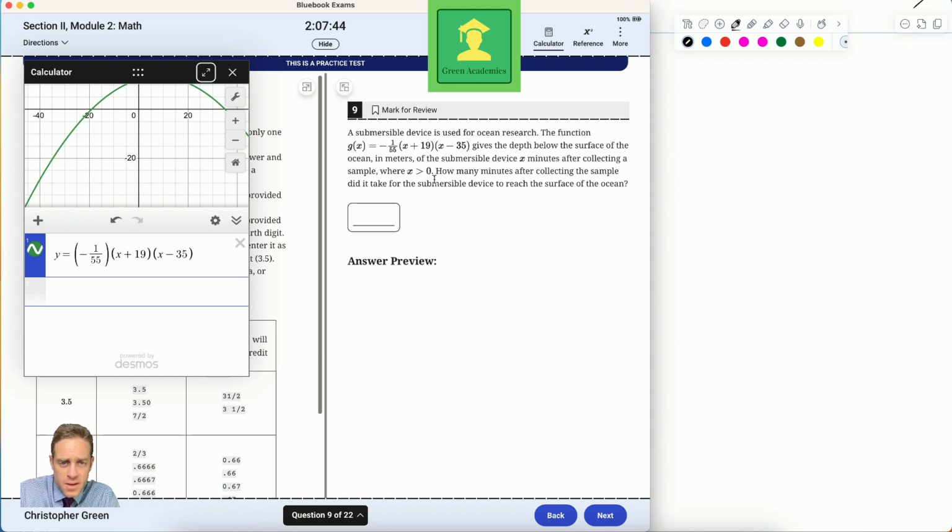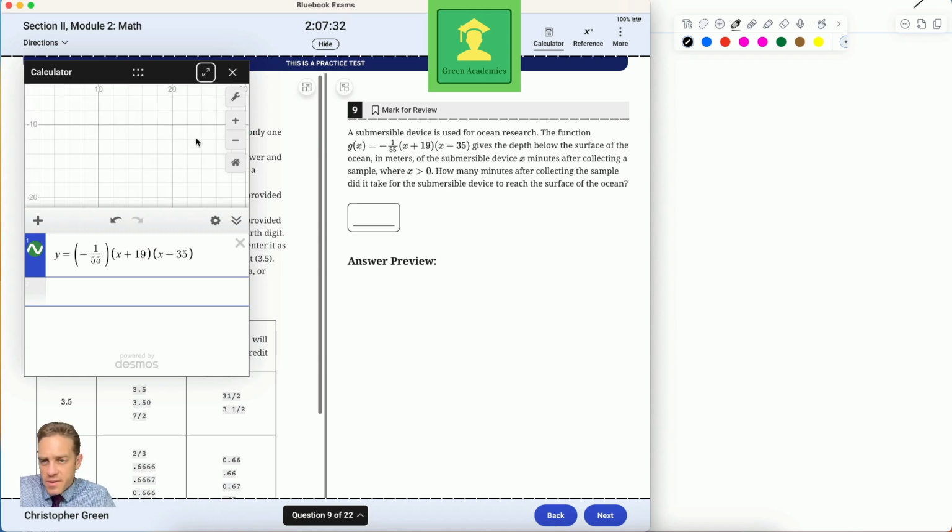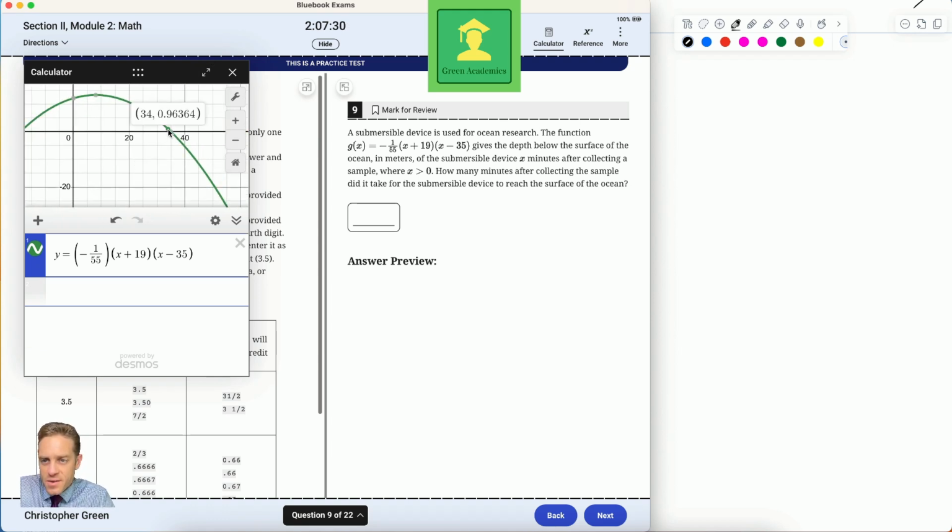So the function gives the depth below the surface x minutes after collecting a sample where x is greater than 0. How many minutes after collecting the sample did it take for the submersible device to reach the surface of the ocean? Well, the answer just is the positive x-intercept. The answer just is 35, because y equaling 0 is defined as the surface level of the ocean in this case.